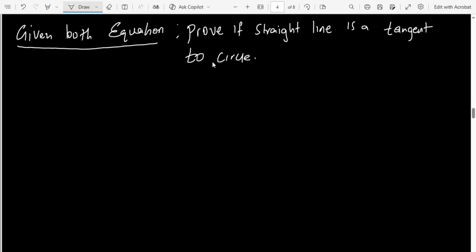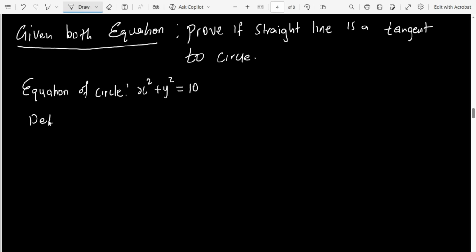Okay, so if we have been given both equations, let's consider the following example. Let's say we have the equation of a circle, given as x squared plus y squared is equal to 10.